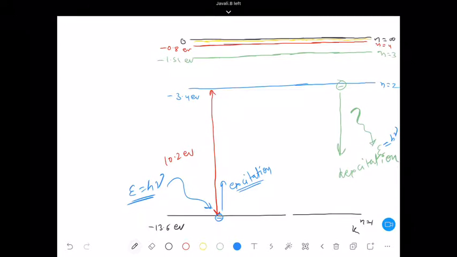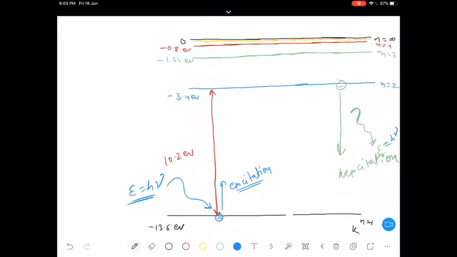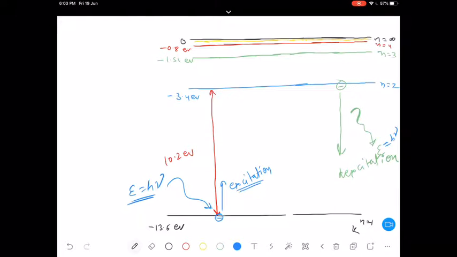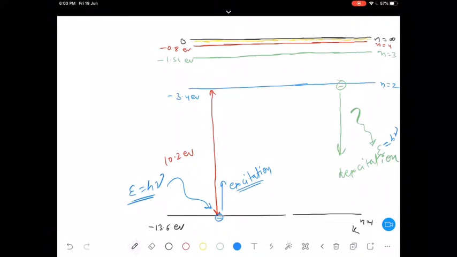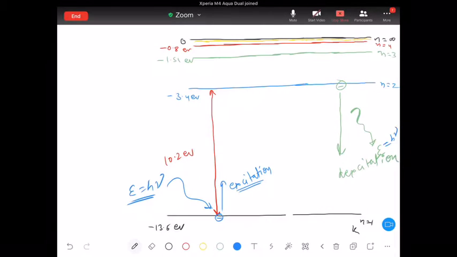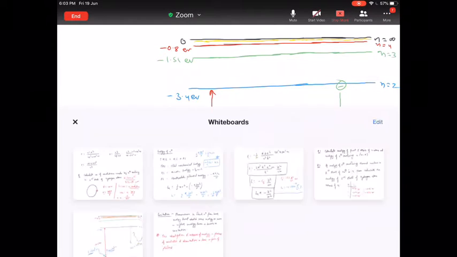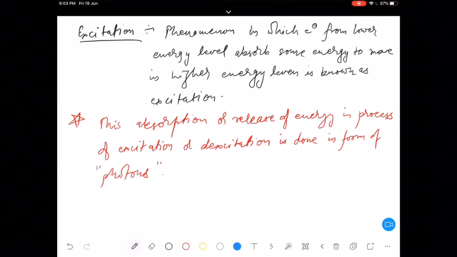Generally for heat and sound, a medium is required, but when it is done in the form of electromagnetic radiation, no medium is required, so energy can be emitted or absorbed easily. Any confusion, any doubt? This part is clear to everyone? Yes. So it will be done in the form of photons, correct?